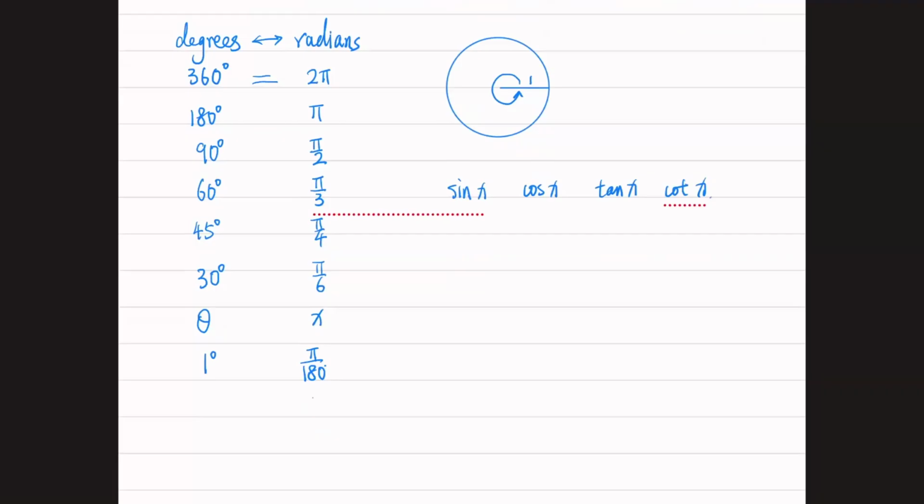What is 1? If the radian is 1, what's the degree? Any thought? Okay, Amy, any thought on this? What's the degree if the radian is 1?